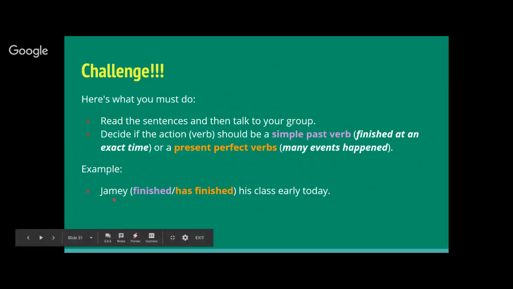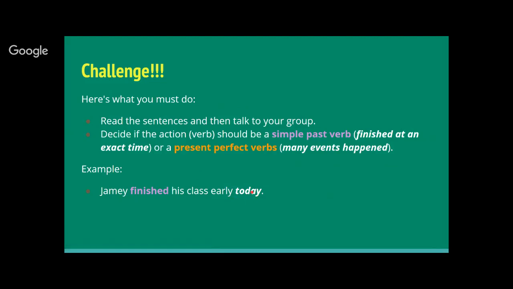So, for example, Jamey finished or Jamey has finished his class early today. Well, the hint here is the word today, and so the answer would be finished. So this had happened at an exact time, which was today. Okay?